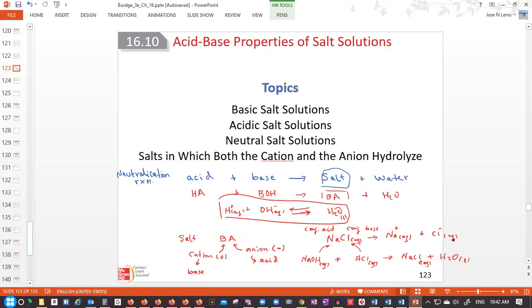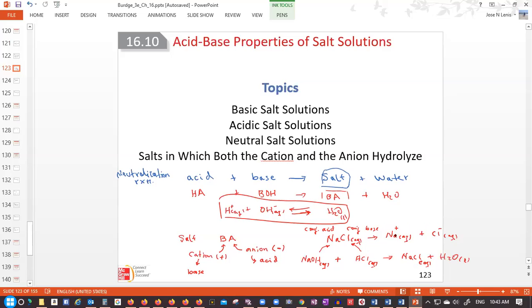And there's water there. Water is the solvent, so they are colliding with water molecules all the time. But this is too weak to react with water. So no secondary reaction comes out of here. There's no hydrolysis of that ion.